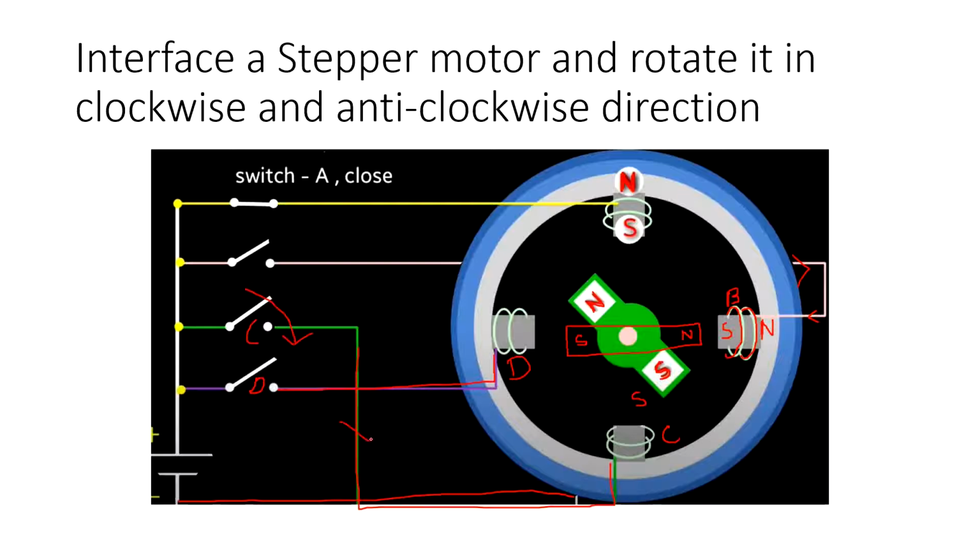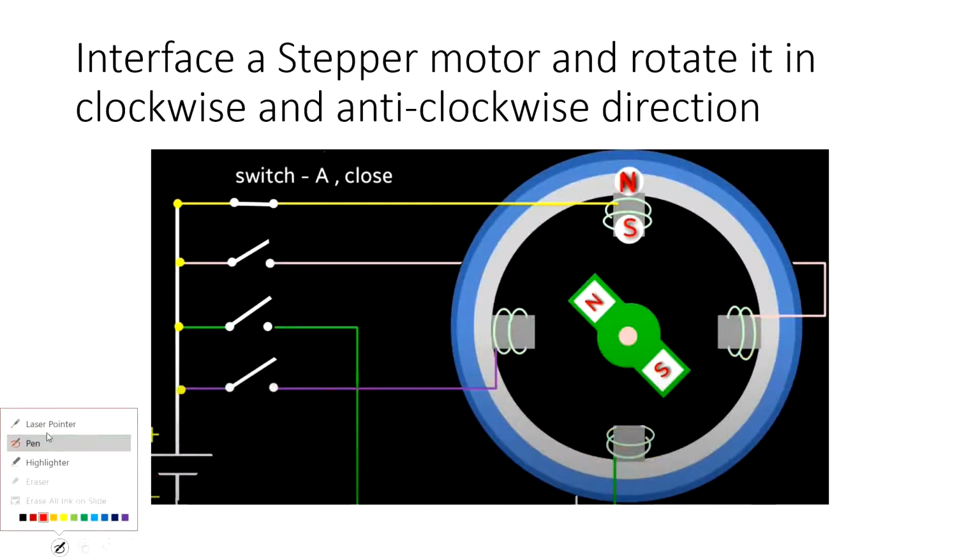The current flows over here and comes over here, and starts flowing through these wires. So this is my C. When I close the switch, the current comes over here and starts flowing through the wires.